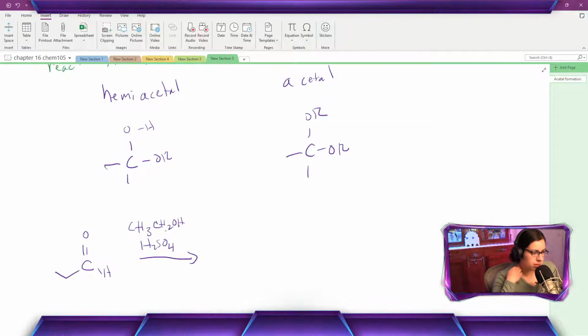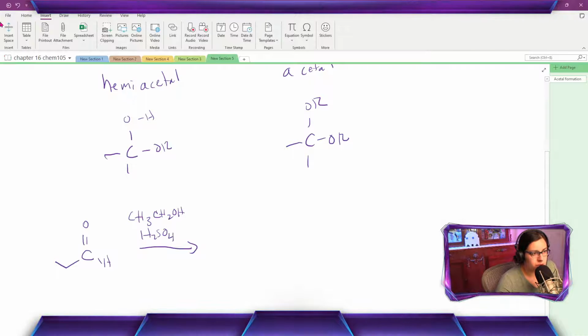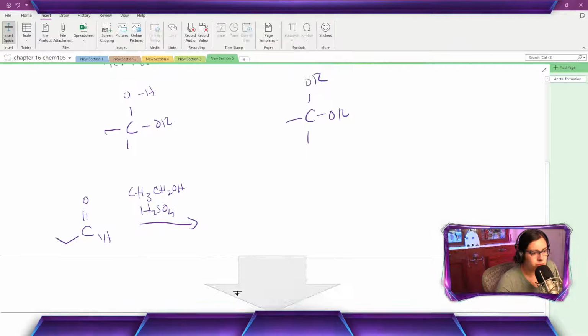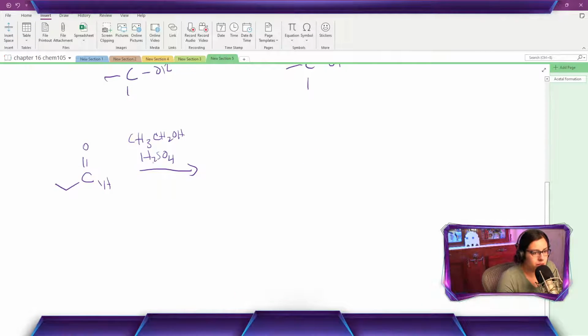So let's look at the mechanism, even though your book doesn't go through it. So we're starting with this species. We're in acid conditions. So what's going to happen first? So we have our oxygen, it has our lone pairs on it. We have water.